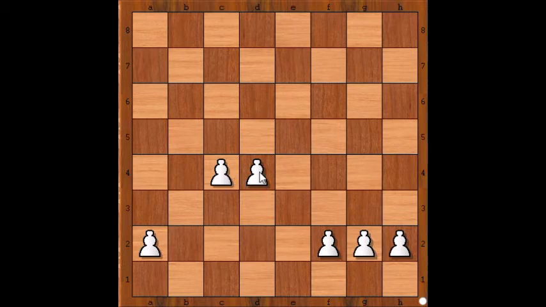I'm saying it is usually on the C and D file. And now why are these pawns called hanging pawns? Because they are not defended by the pawns on the B file or on the E file. So these two pawns are on their own. They have to march forward, giving support to one another.